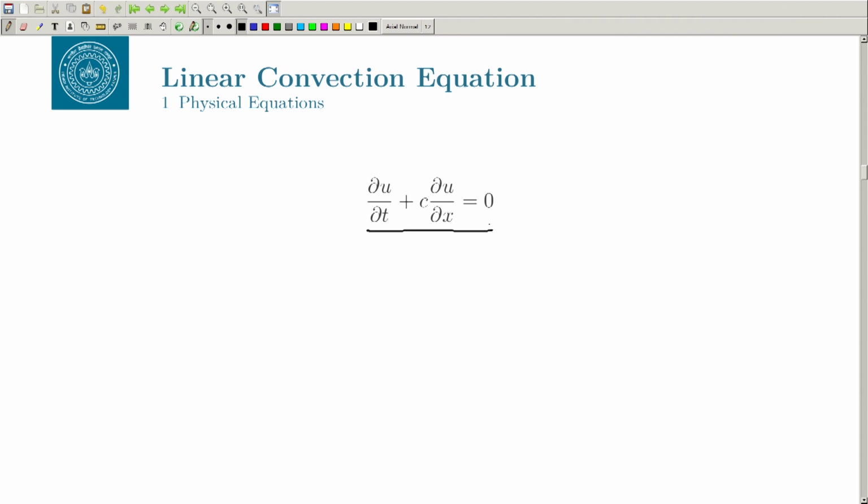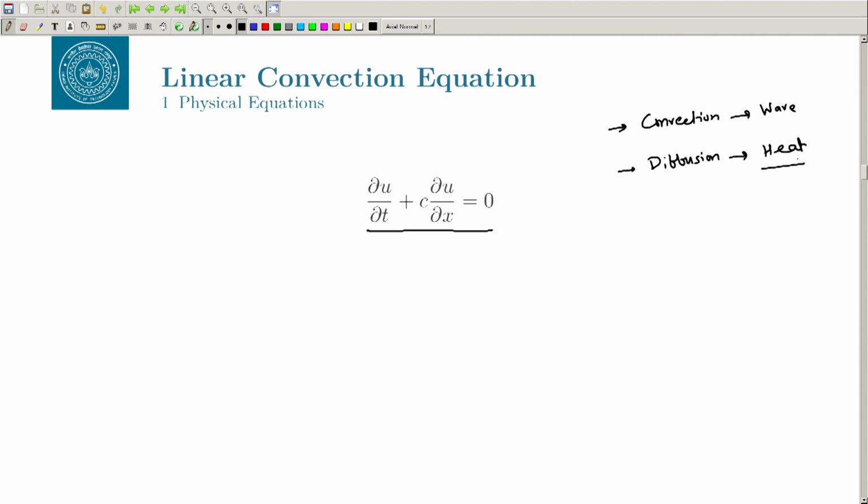So, basically two schemes: one is the convection scheme, and another is the diffusion scheme. These two basically relate to the wave and to the heat.